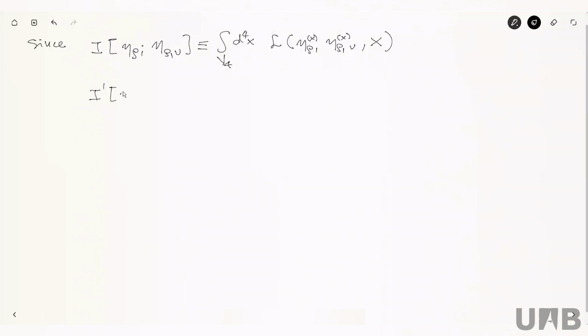Now, the new action, of course, depends on the new fields and derivatives of the new fields. And this is going to be the integral over x prime, the new volume, because x also has transformed. And this is a new Lagrangian of the new fields, of course, and derivatives of the new fields and the new variables x, okay?